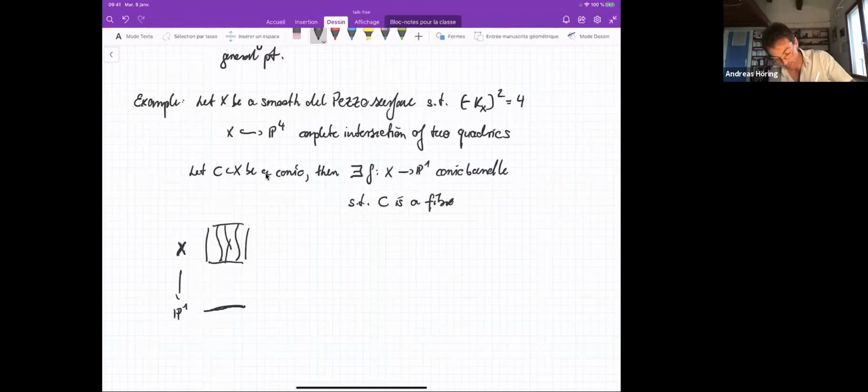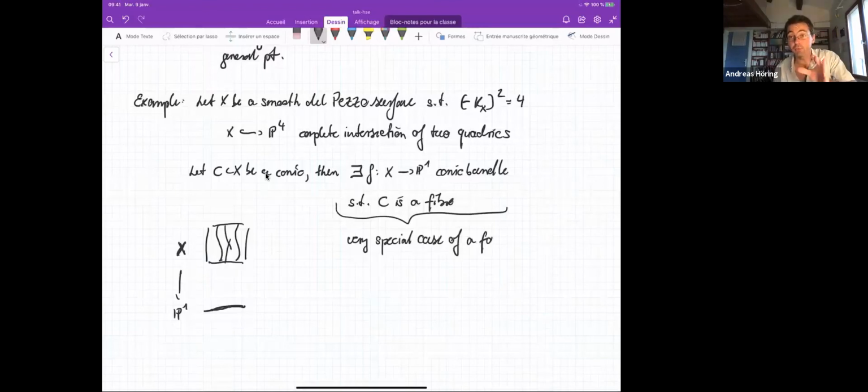This is a very special case of a family of minimal rational curves, because typically a family of minimal rational curves does not come with some nice fibration attached to it.